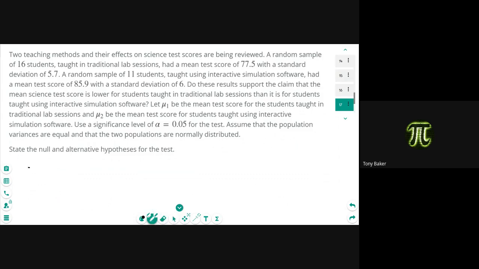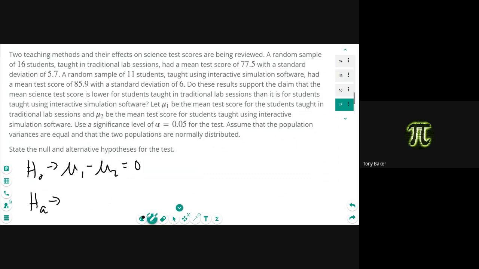So start off the same way. What's my null hypothesis? What's my alternate hypothesis? There's a whole bunch of writing, so I'm going to go with it's probably going to be subtraction of means. So mu1 minus mu2 equals 0. Now the question is, is it not equal to, less than, or greater than?